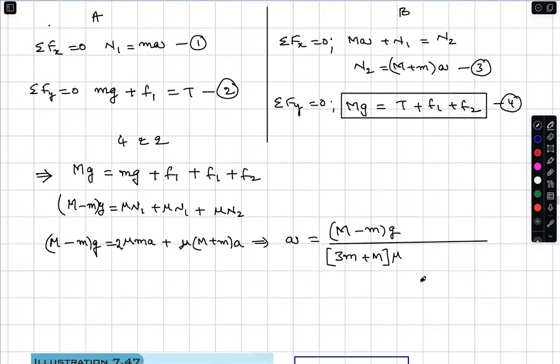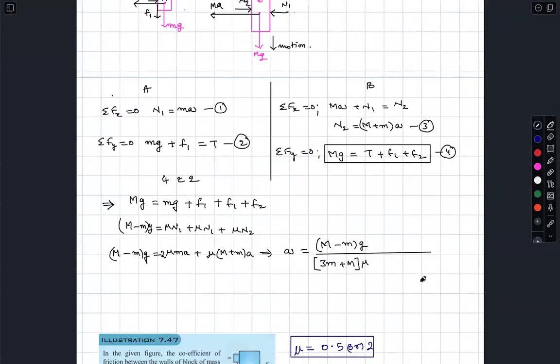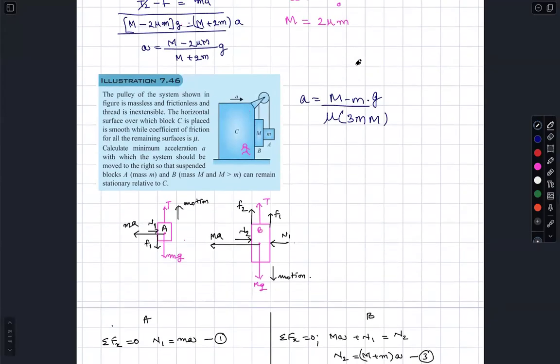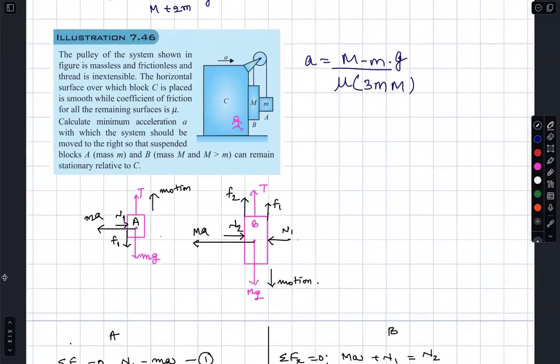Any doubts? Boys and girls, is it really very difficult? No. So where lies my skill? Tell me, in this part of the problem or in this part of the problem? If I am good at free body diagram, I can write anything properly.